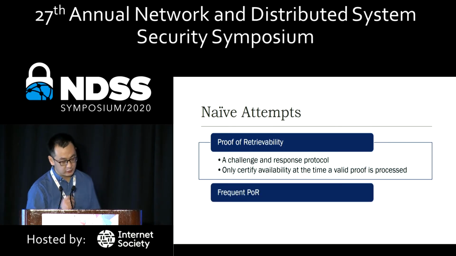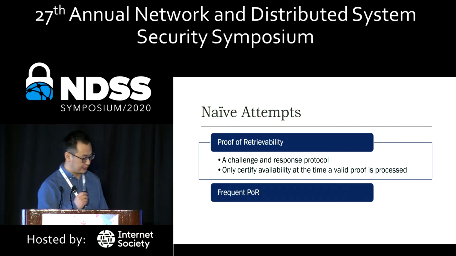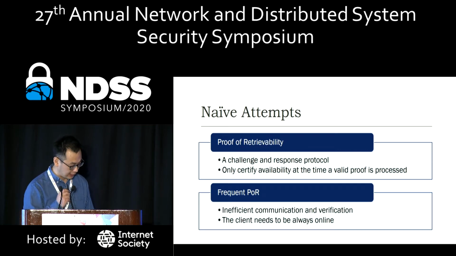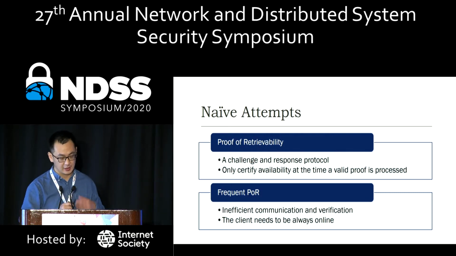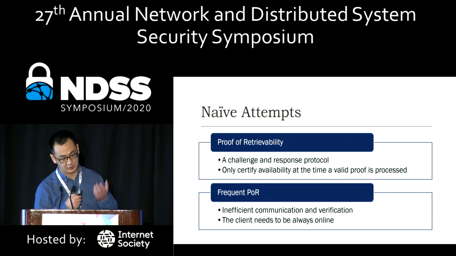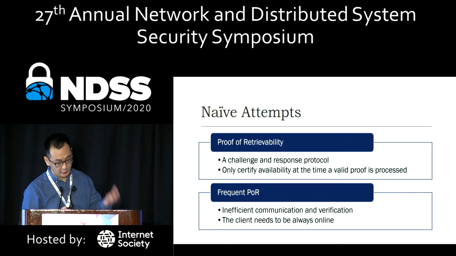If we want to verify the data is available for a time period, a trivial extension is to frequently invoke POR. However, this solution is inefficient in communication and verification, because you need to always give POR challenges and verify POR responses. And of course, the client should always be online.